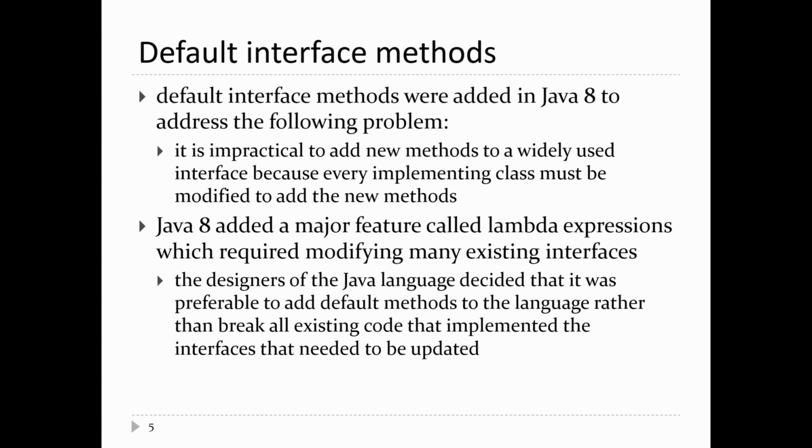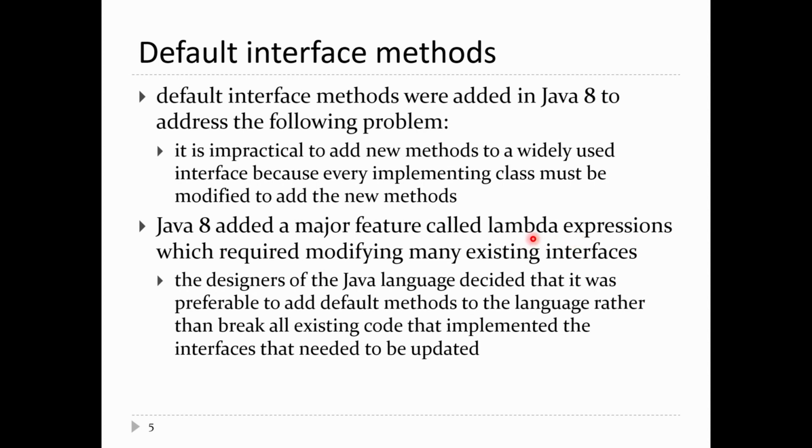So you can't change an interface once you've released it to the public, and you realize that you want to add methods to the interface. The language designers had to put in a mechanism to do so, and that was the default methods. Java 8 also added another major feature to the language called lambda expressions. We don't talk about those in this course, but they are a significant addition to the language.